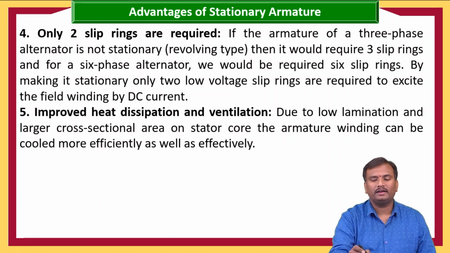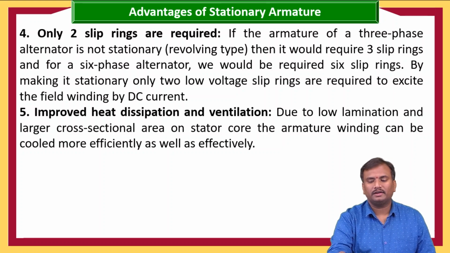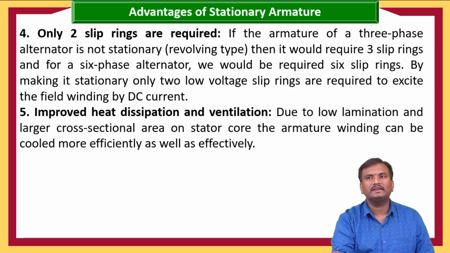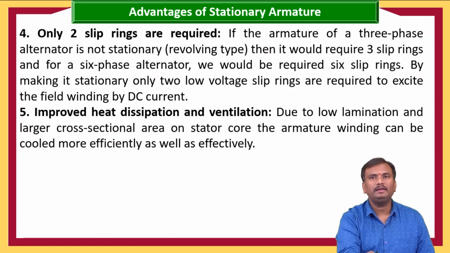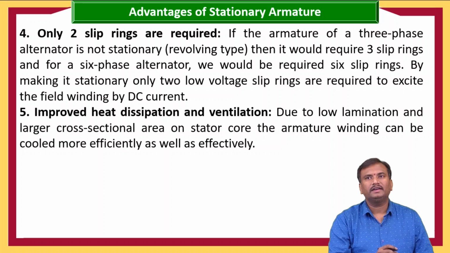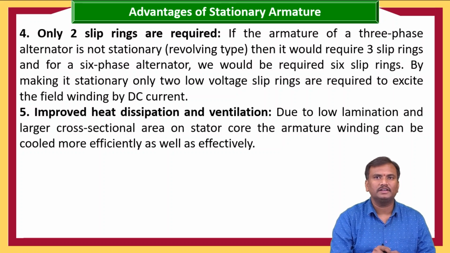By making the armature stationary, only two low voltage slip rings are required to excite the field winding by DC current. Here the slip rings are reduced, so the machine cost is also reduced.